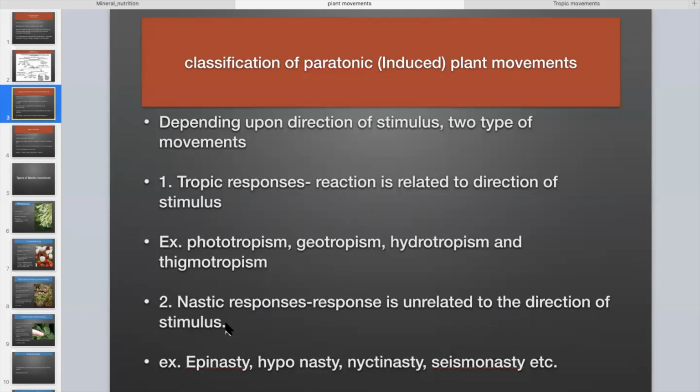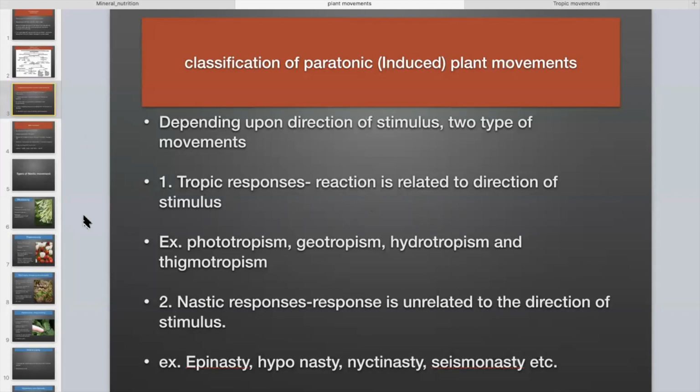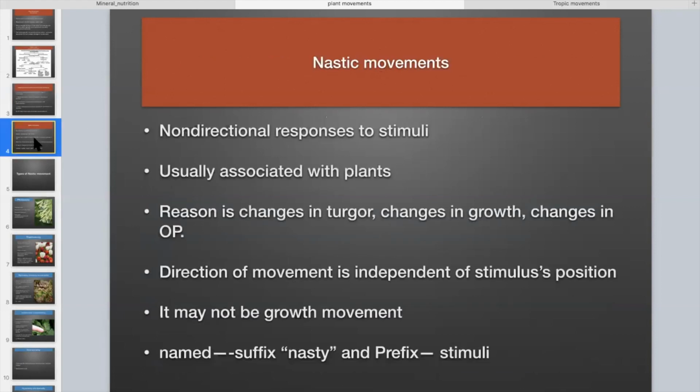One by one, we will see, first of all, nastic movements, non-directional movements in the plants. As I just told you, what are nastic movements? These are responses to stimulus, but these are non-directional responses.